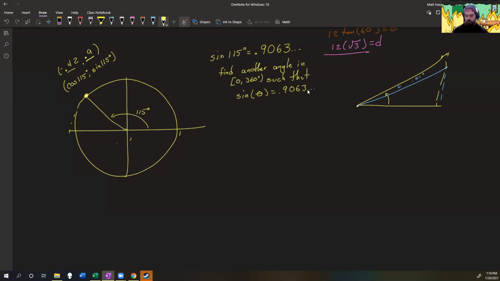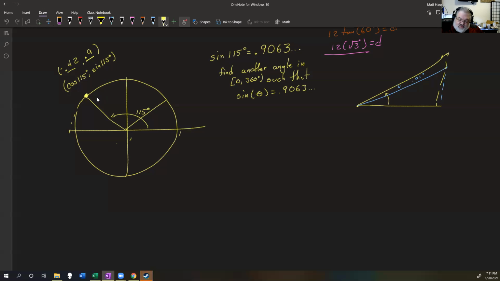Just looking for coterminals again. Actually, no, because coterminals would have to be outside of the first rotation. Wouldn't it be 25 degrees? Why 25 degrees? Because it's the same height and sine is the y value, and so you go back the 90-degree angle to the same angle over there, and then 115 minus 90 is 25.